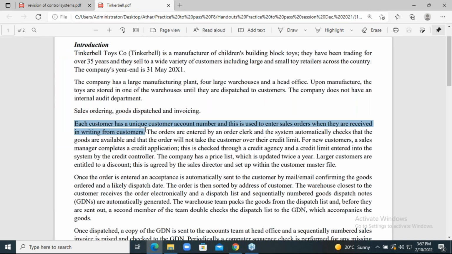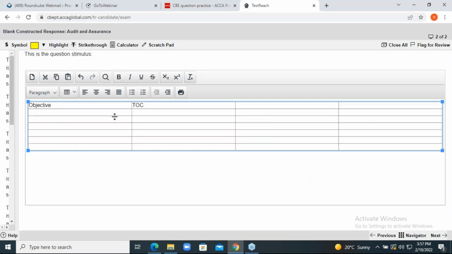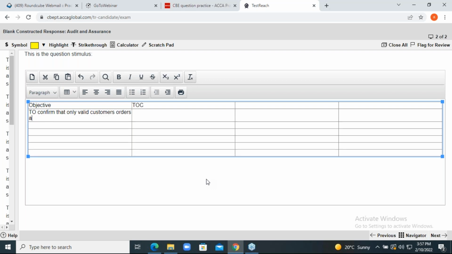Now the objective is to confirm that only valid customers' orders are processed or accepted.